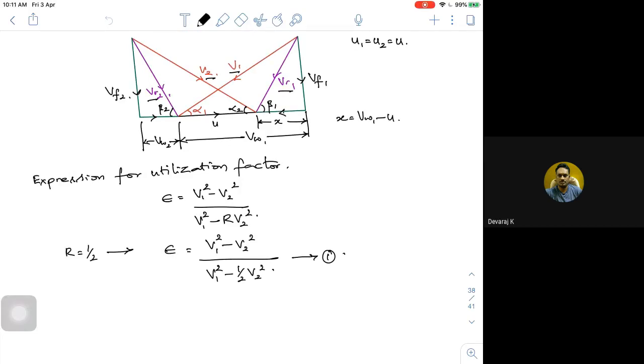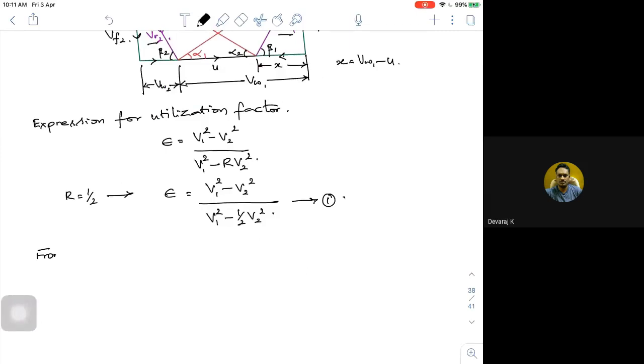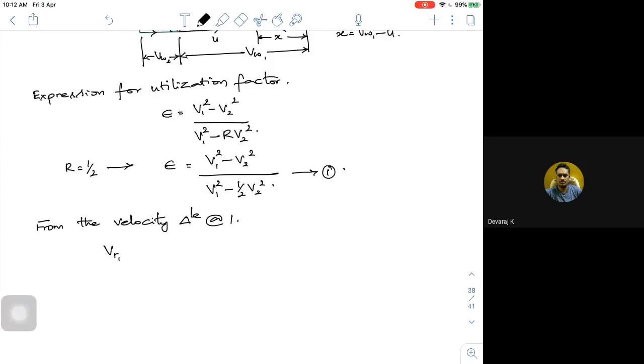From the velocity triangle, that is the inlet triangle at 1, using trigonometric principles, VR1 square is equal to VF1 square plus x square.